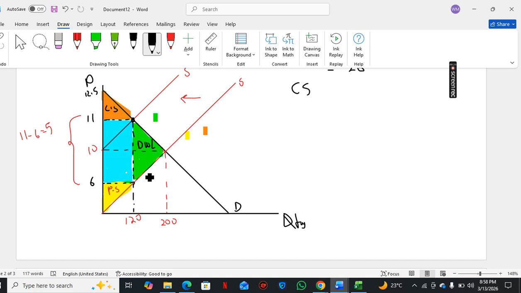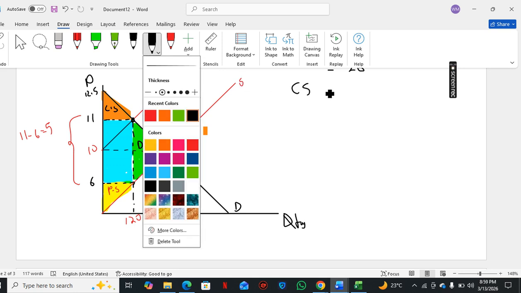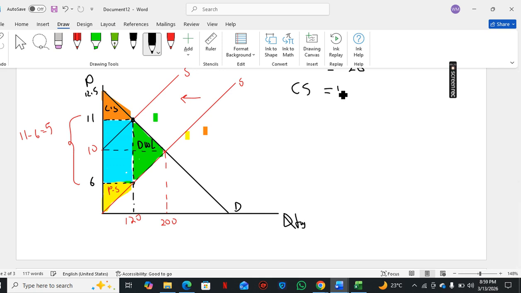So what they'll usually ask, consumer surplus, the same process. You say consumer surplus equals half times B times H. So we come to this small triangle here. You're going to say 12.5 minus 11, that gives you 1.5.